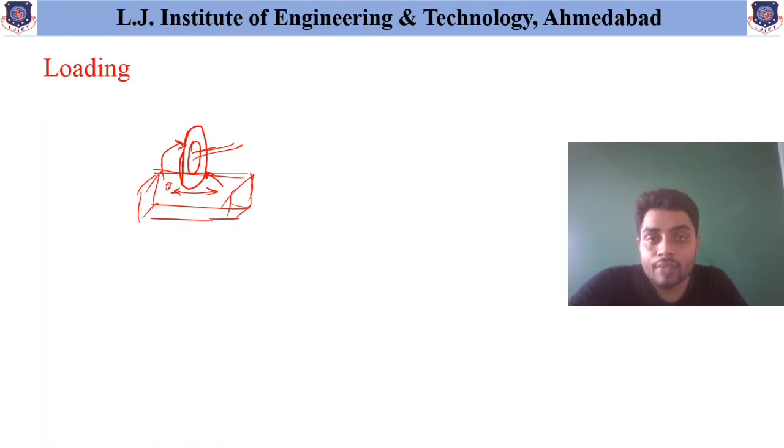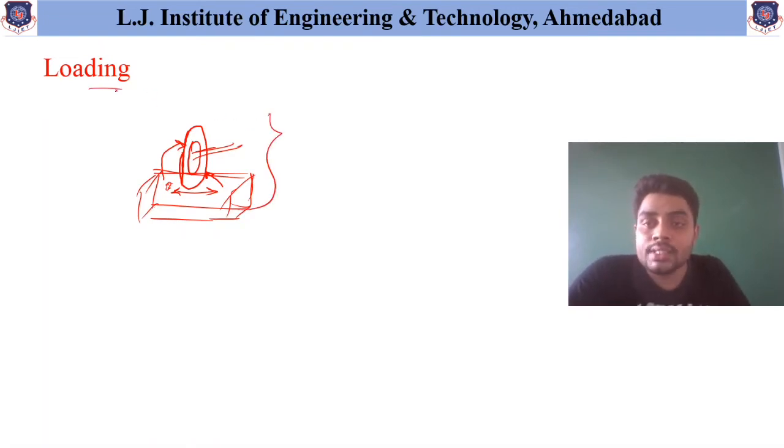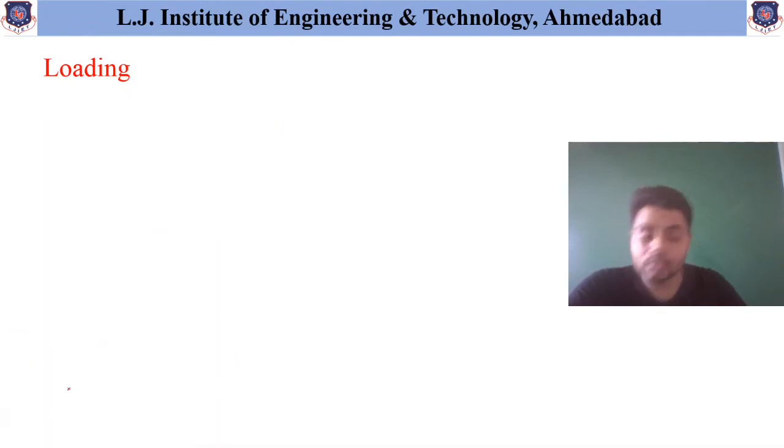So if foreign particles such as the workpiece material particles get adhered on the surface of the grinding wheel, this type of phenomenon is called loading. So this is the basic understanding of how loading is defined. I hope this is clear to you.